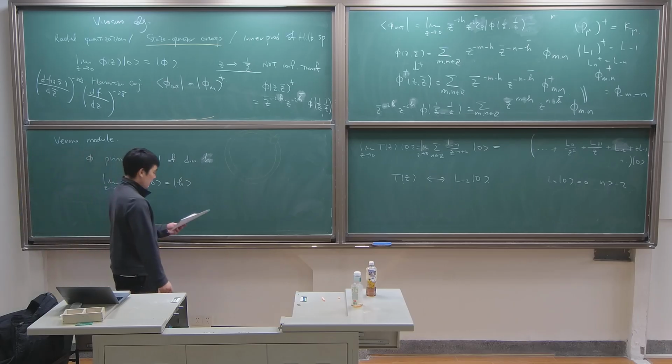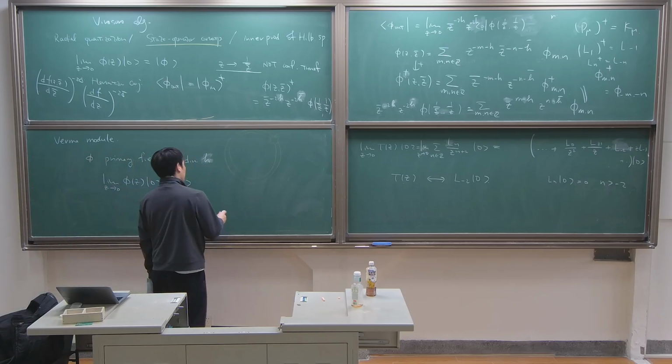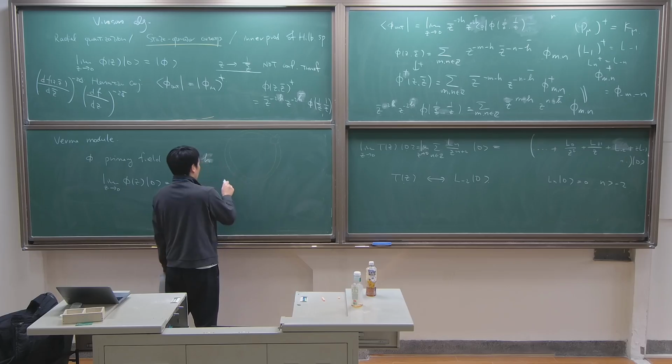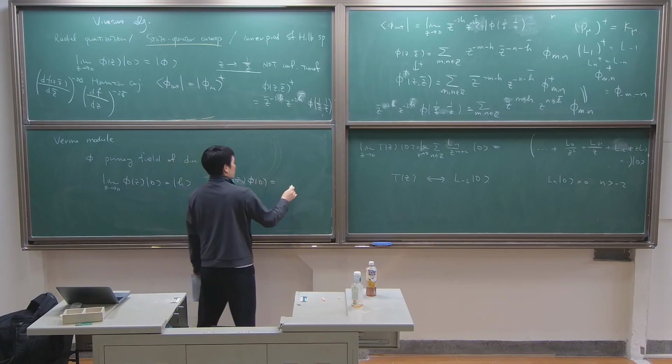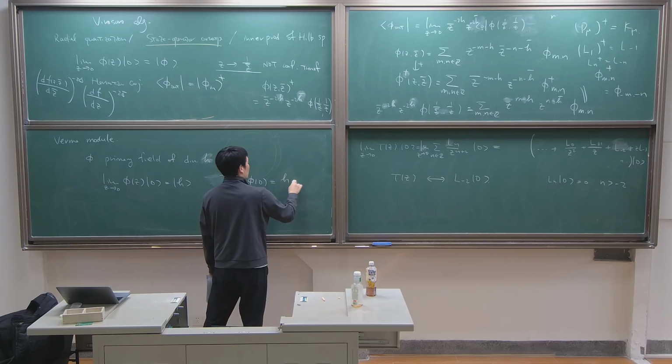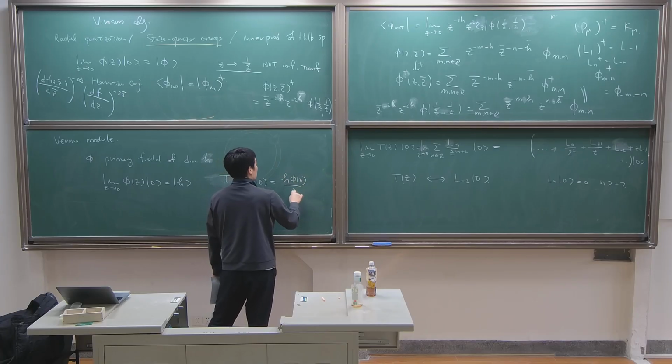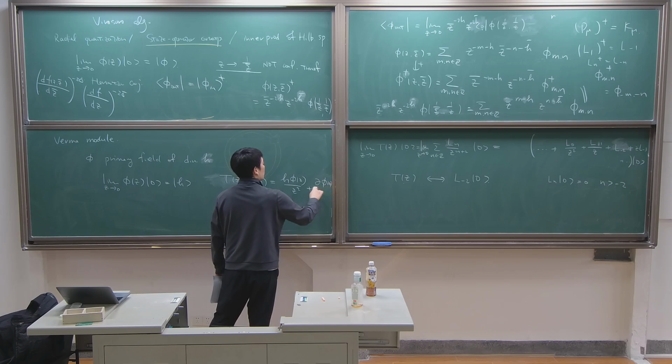So now we have T(z) phi(0), which equals h phi(0)/z^2 plus the derivative of phi(0)/z.